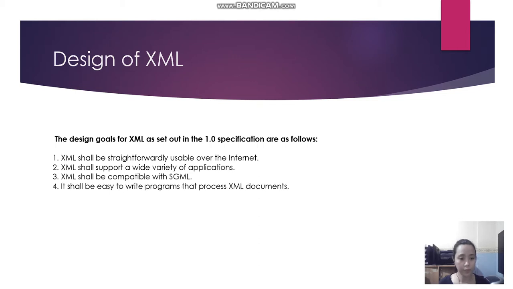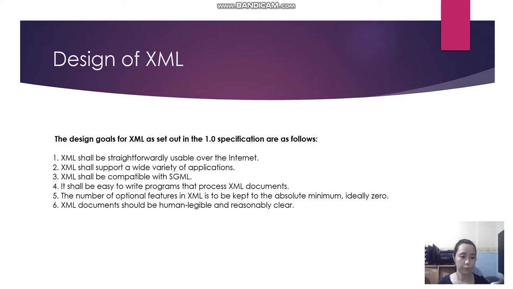Number 4, it shall be easy to write programs that process XML documents. Number 5, the number of optional features in XML is to be kept to the absolute minimum, ideally zero. Number 6, XML documents should be human legible and reasonably clear.